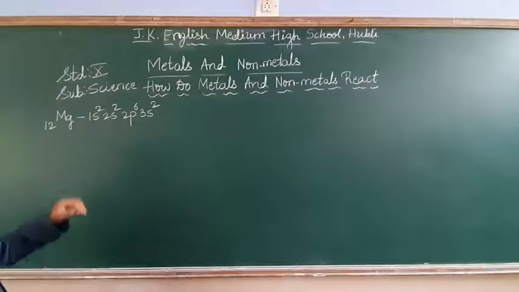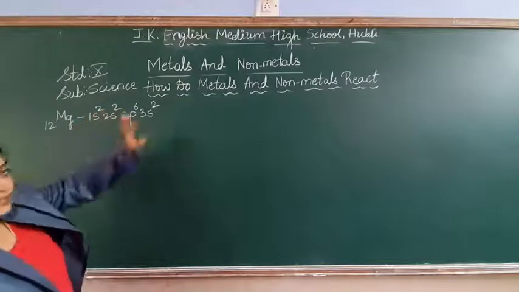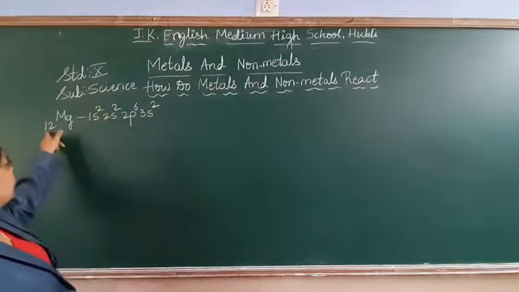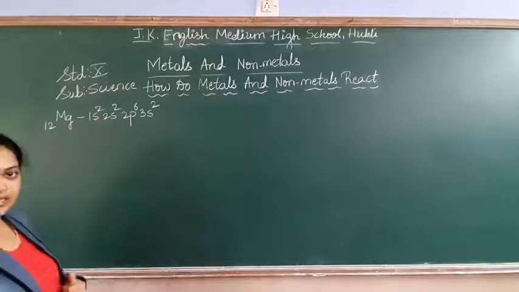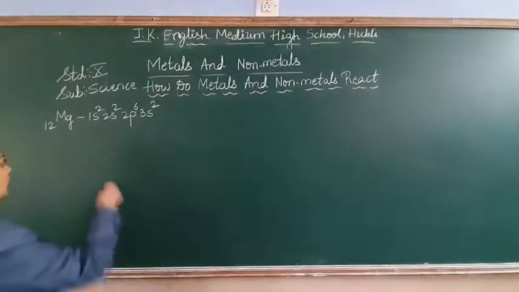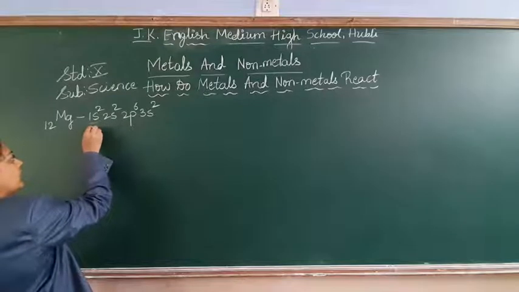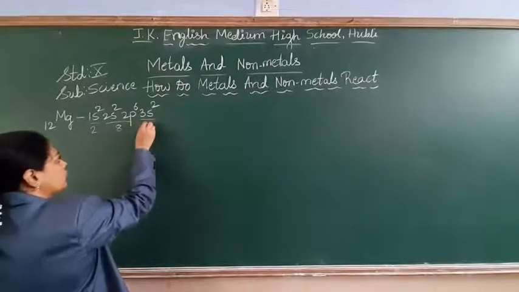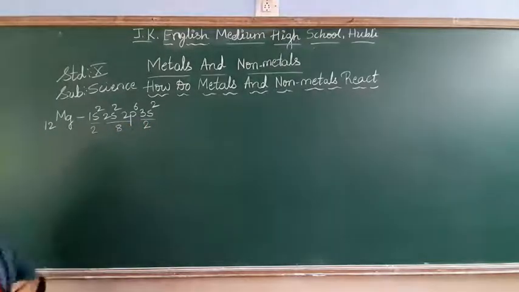So don't have any confusion, these numbers are representing the number of electrons. Count it, it will be the same, right? So this is the electronic configuration. Means K shell with 2 electrons, L with 8, the outermost shell M with 2 electrons.